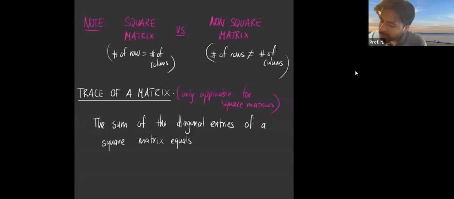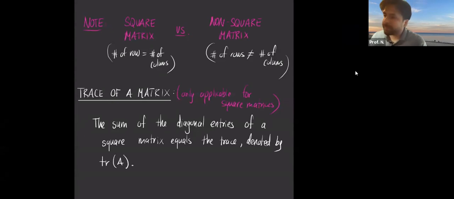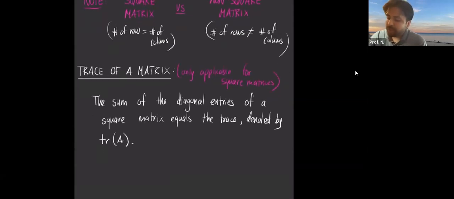We denote this by TR of A. So if I want to find the trace of a matrix, I just add up the diagonals. So for example, I need a square matrix.